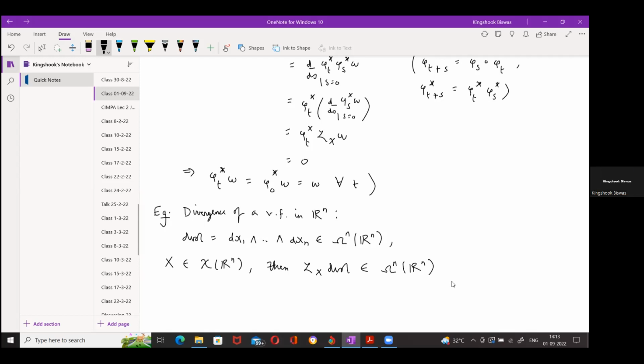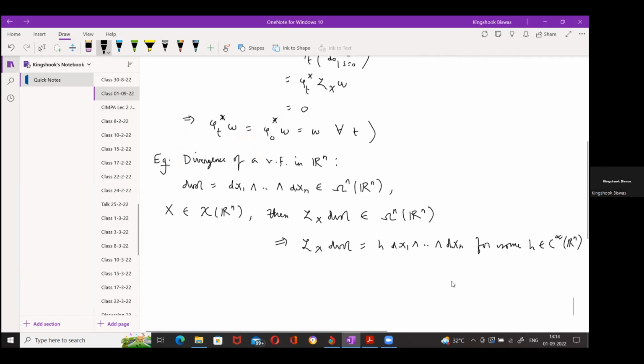Therefore, any n-form on R^n is of the form some function h times dx_1 wedge ... wedge dx_n, right?